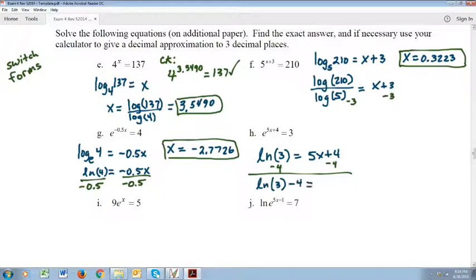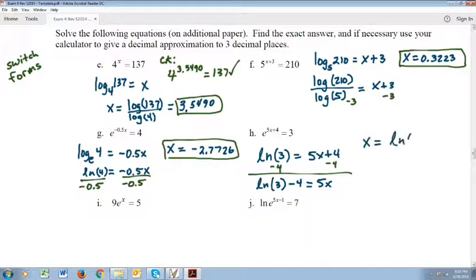And so you get natural log of 3 minus 4 equals 5x. Now, it might be tempting to subtract 4 from 3, but when you have natural log of 3, that all goes together, and the 4 is not a logarithmic term. It's just a number. It's totally separate, so we'd want to write it just like I wrote it there.